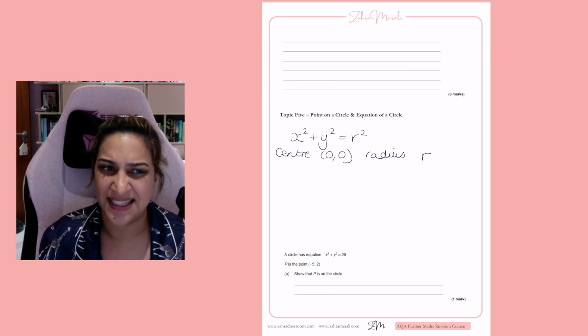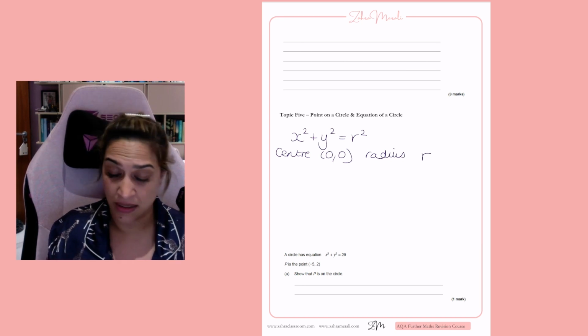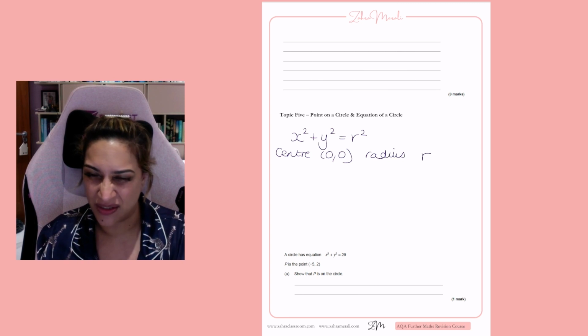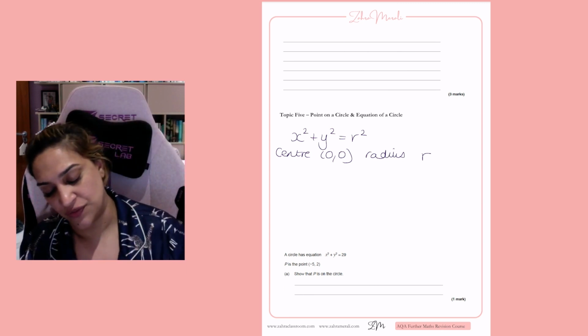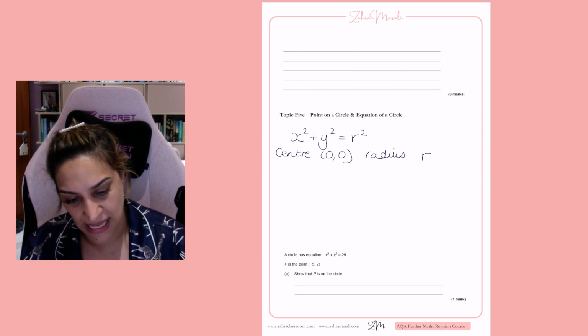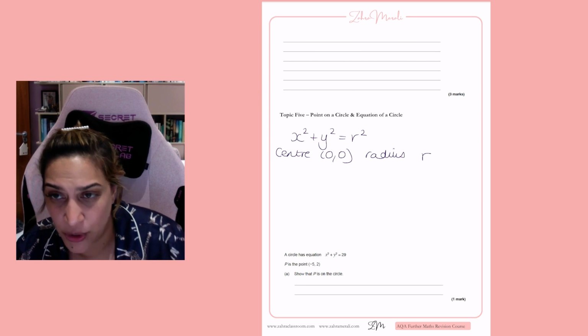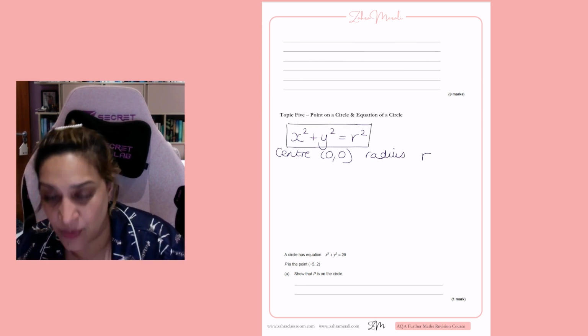However, that center could shift. If it shifts, instead of x, it's x plus, remember x's do the wrong thing, so x plus 1 if it shifted to the left on the x coordinate, or if it shifted to the right. And every single point around the whole curve will satisfy that equation.